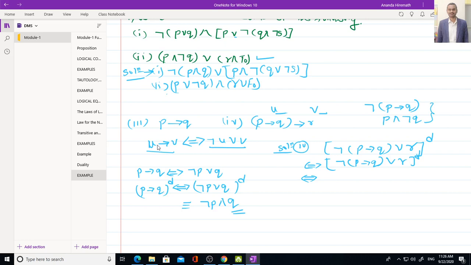So the negation of P conditional Q will be P and negation of Q. Then let us write R as it is as of now, then R and its dual. Now we can convert this to the dual very easily: P, AND should be replaced by OR, R, not Q, then again AND by OR, R. Well, this is the required result for number 4.